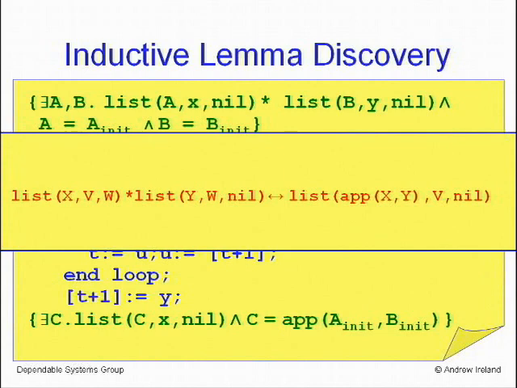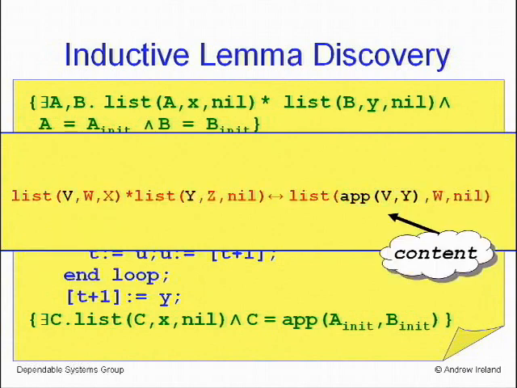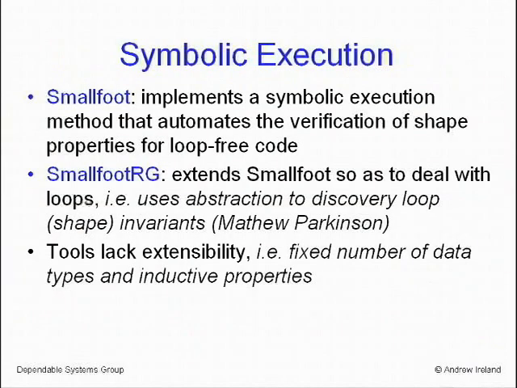Taking the list pointed to by X, terminating in W, and then gluing that onto the list W, terminating in nil, is equivalent to just the list starting with X, ending in nil, with contents X appended to Y. So this again is a Eureka step in verifying that program. So we're interested in automating all of these types of Eureka step. And again, there's a shape component, and again, there's a content component to coming up with these structures.